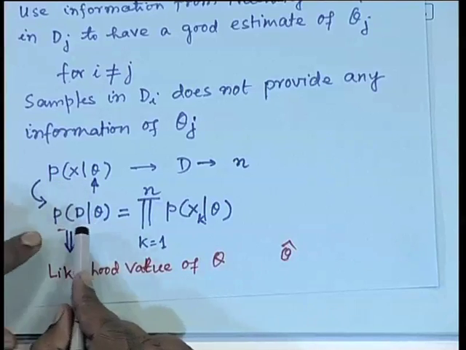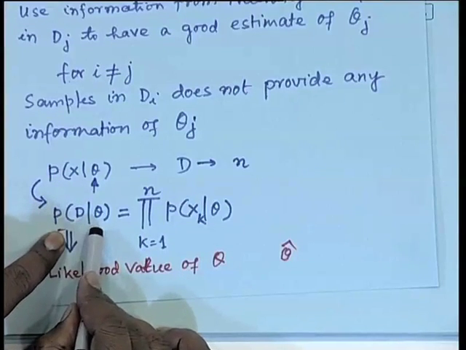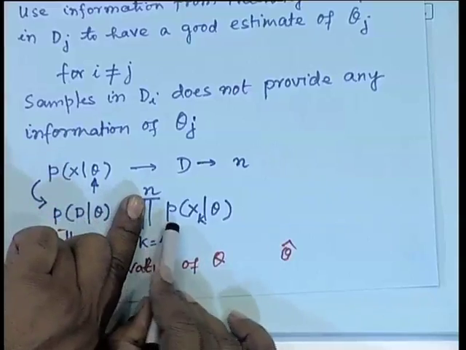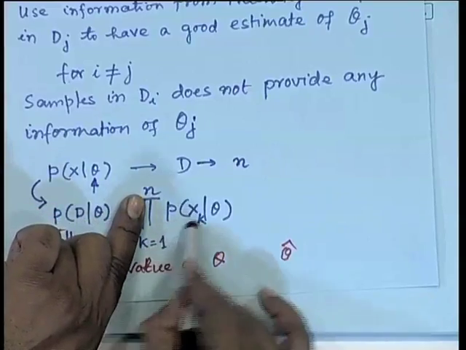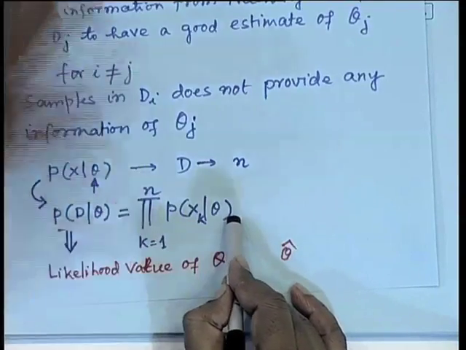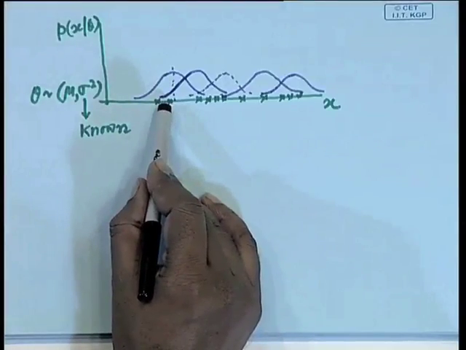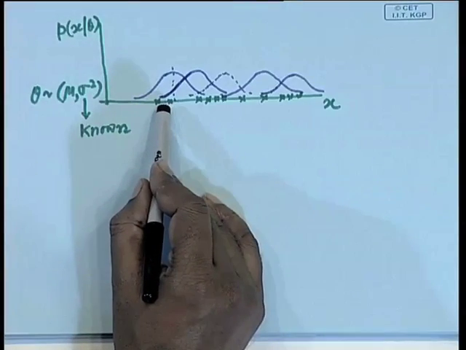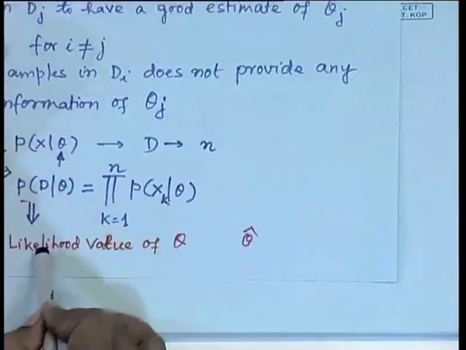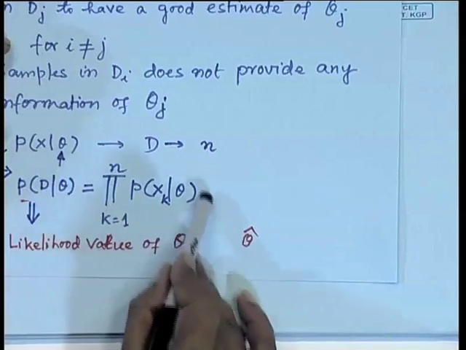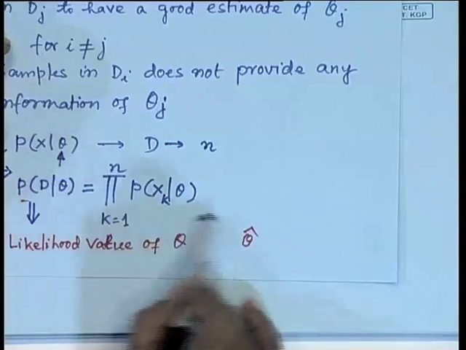So, if I plot this p of D given theta, you find that for different values of x, this p of x k given theta, where theta is nothing but this mu, will have a different value. And for the likelihood value of theta, what I am taking is the product of all these different values.